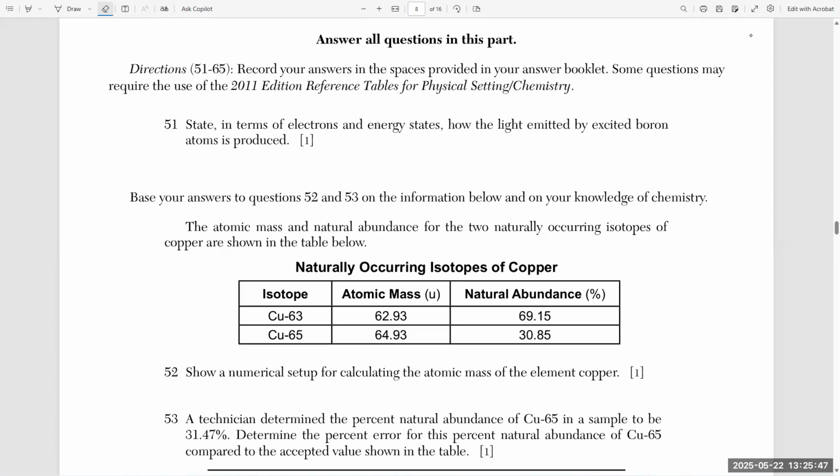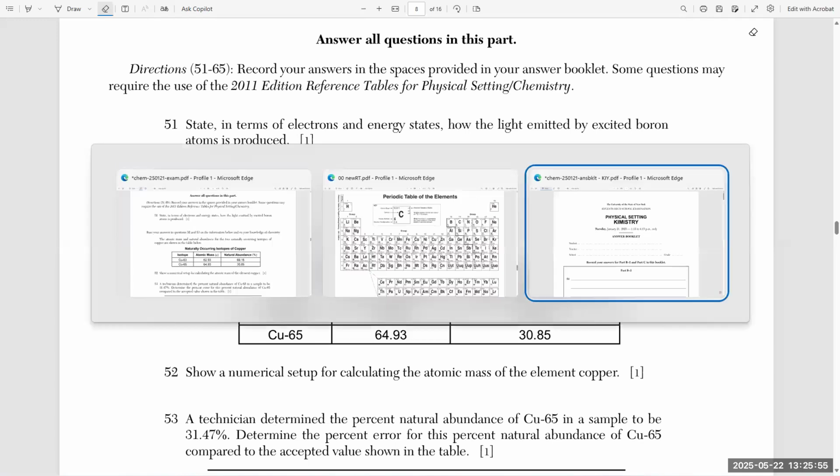You should know at this point that light emission is from when the excited electrons drop back down, right? So what are we going to write on this one?